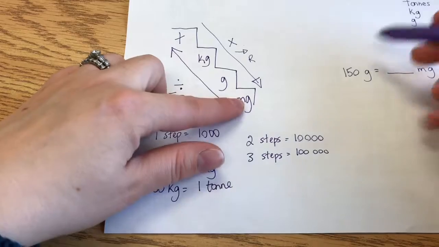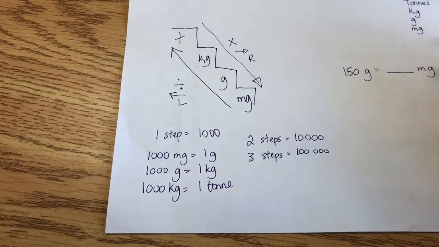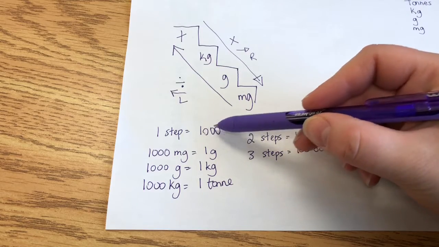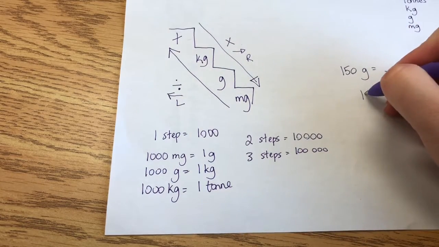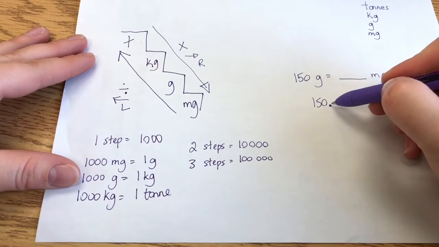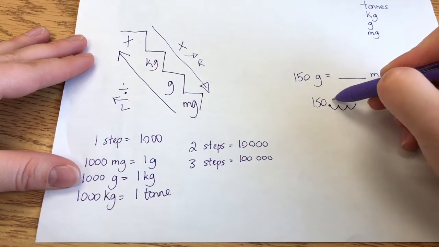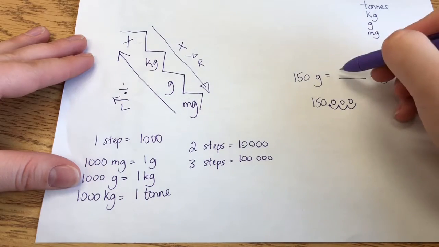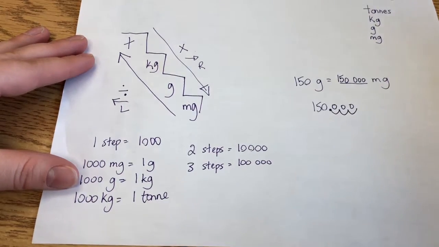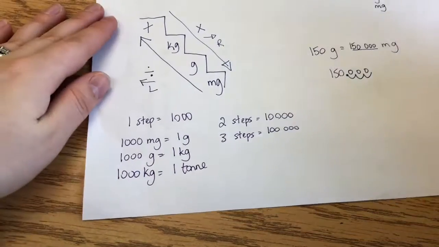So this one we're just going to be multiplying this number by 1,000 or sliding our decimal place over 3 spots because there are 3 zeros. So we've got 150 here. There's our decimal. We're going to slide it 3 spots. 1, 2, 3, and put in 3 zeros there. So it's actually 150,000 milligrams.